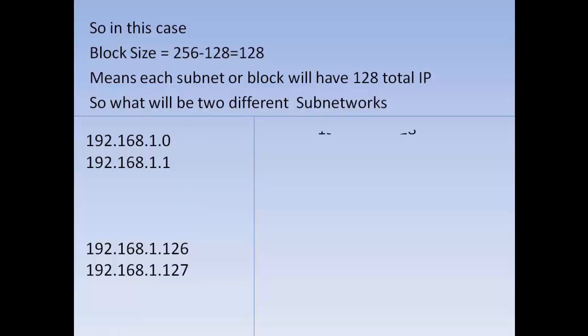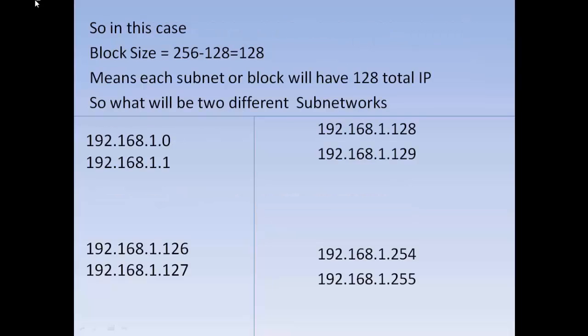The second subnet starts at 128. The difference will be 128 according to this. So next, 128 to 255: 128 will be the network ID of this particular block, and 255 will be the broadcast IP.